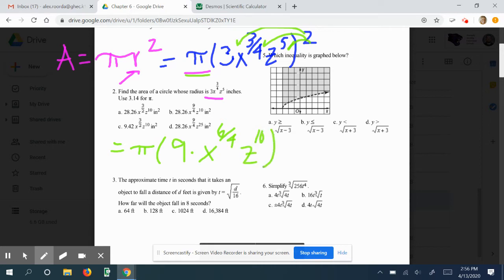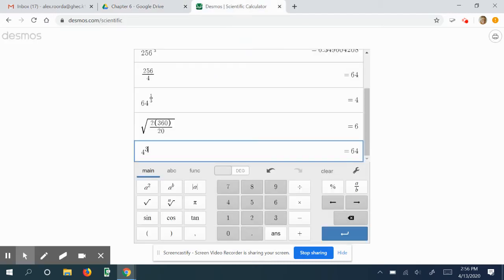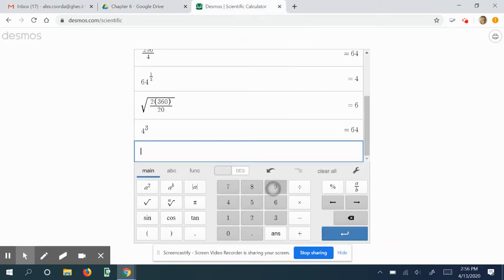Now, I'm not entirely done because you'll notice that's not an option for A, B, and C. So I have to figure out what pi times 9 is. I go to Desmos and do 9 times 3.14, because they tell us that's what pi is. It's 28.26.